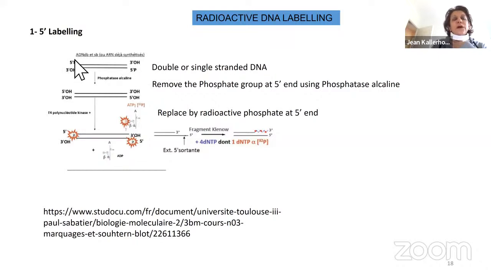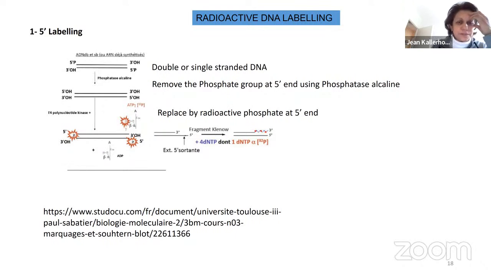So what do we do? We are going to remove this phosphate that is not labeled, and we are going to replace it by a phosphate group that is labeled radioactively. So therefore, this double-stranded molecule will become radioactive.